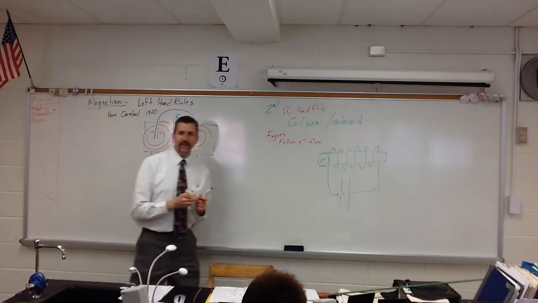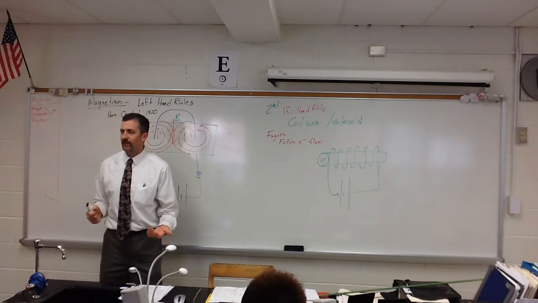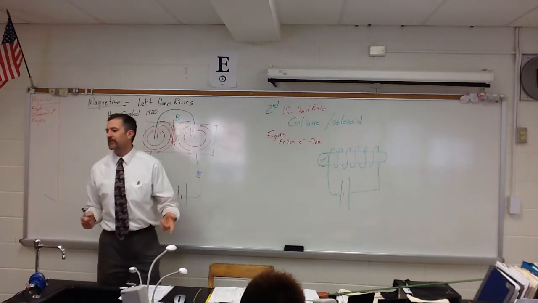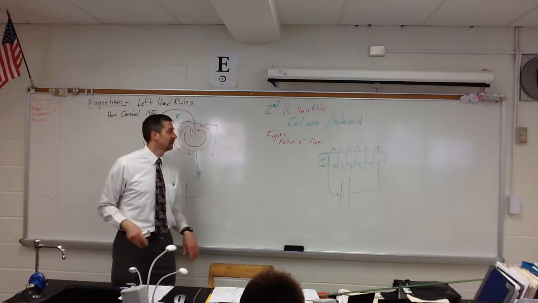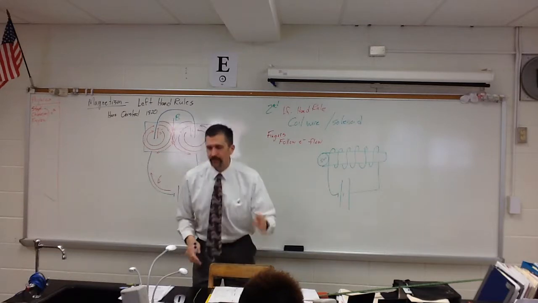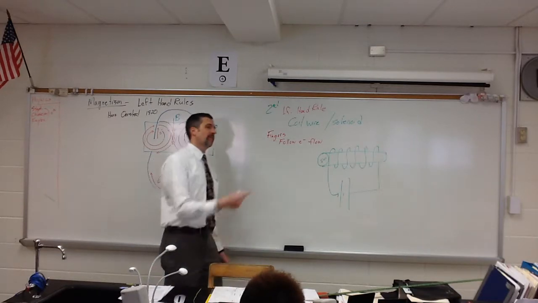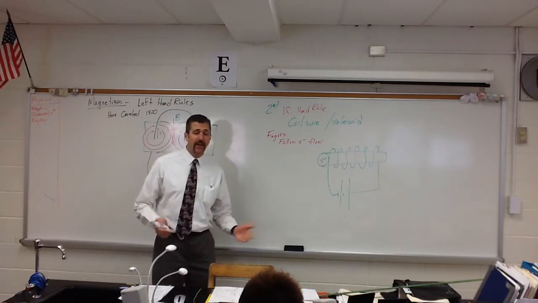And you're like, wait a second! A second ago you told me that my thumb was supposed to follow the electron flow. Yeah, that's true, but that was on the first left-hand rule. See why this is confusing and see why I'm presenting them at the same time? So, on the second left-hand rule, your fingers follow the electron flow, and on the first left-hand rule, your thumb follows the electron flow. You just gotta know that.